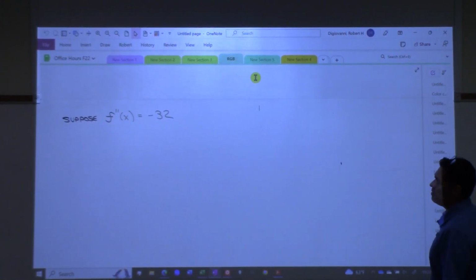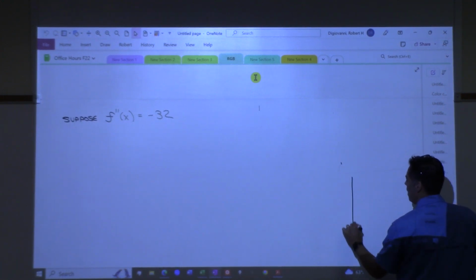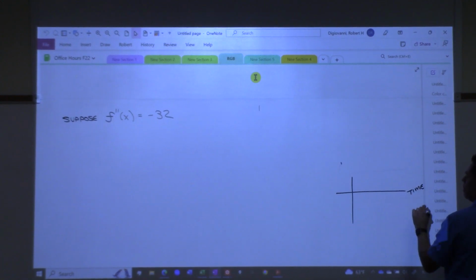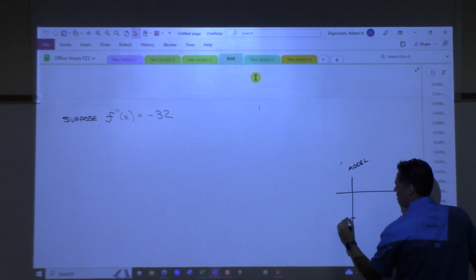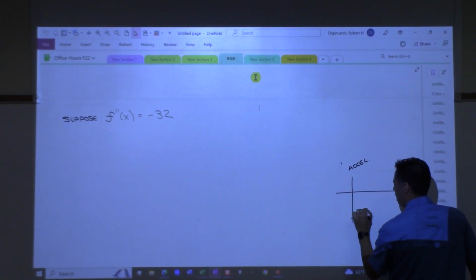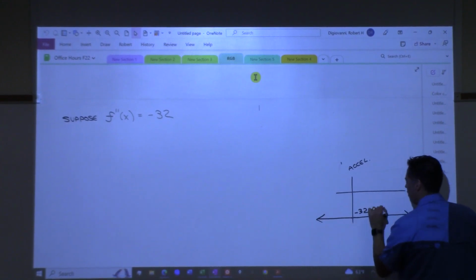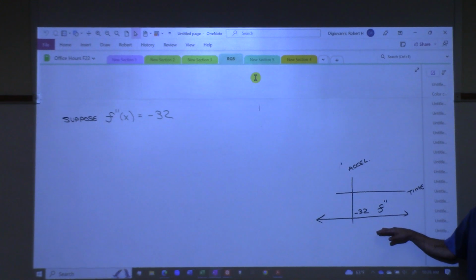So I'm going to try and draw this for you, just so you can see it. I'm going to draw from the right to the left. So over here, this is time, this is acceleration, and here's negative 32. And the function we have down here is just a constant negative 32. That's f double prime, right? With me?